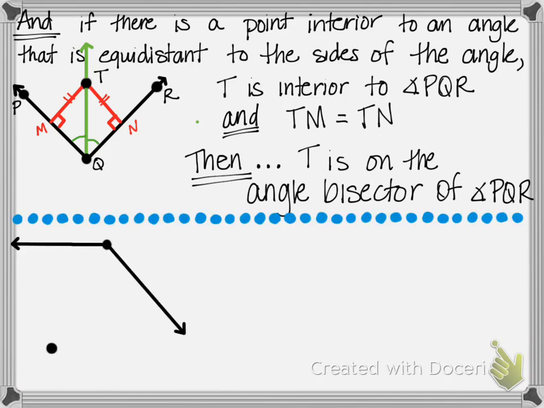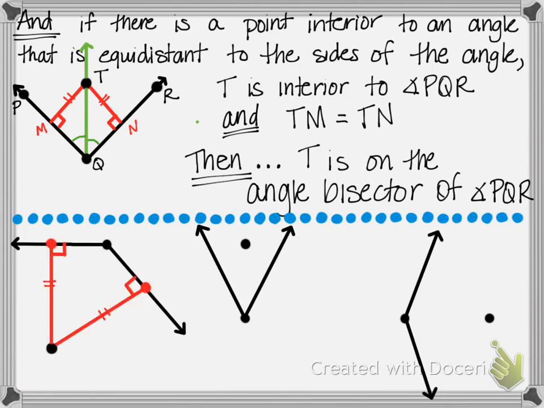And let's look at a couple different situations. Here's an angle with a point that's interior to the angle. Here's another angle with a point interior to it. And here's a third angle with a point interior to it. And what we will note is that in the first angle, that point happens to be equidistant to the two sides of the angle.